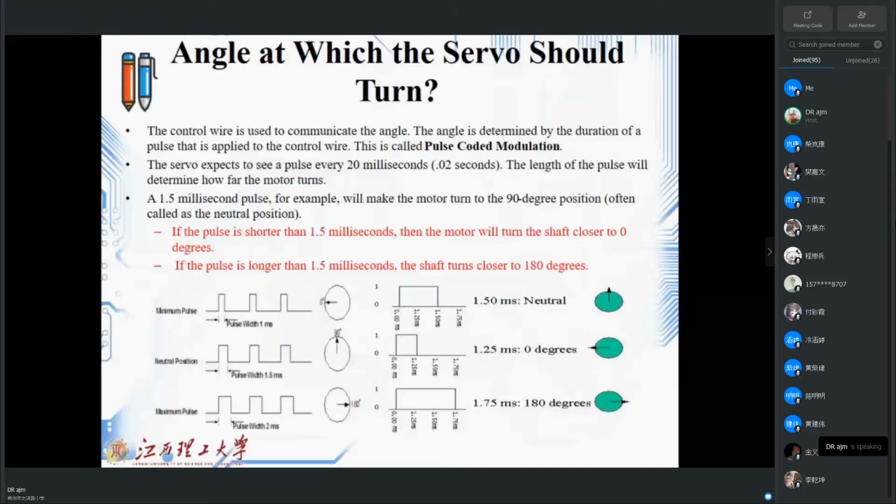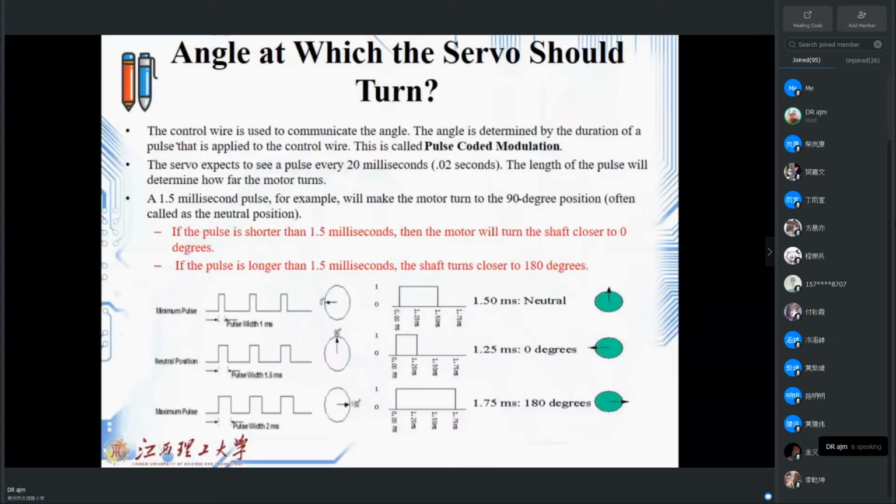The control wire, as we told you, we have three wires: one is VCC, one is control, and another one is ground. The control wire is used to communicate the angle, and the angle is determined by the duration of the pulse applied to the control wire, which people call pulse code modulation or PCM.